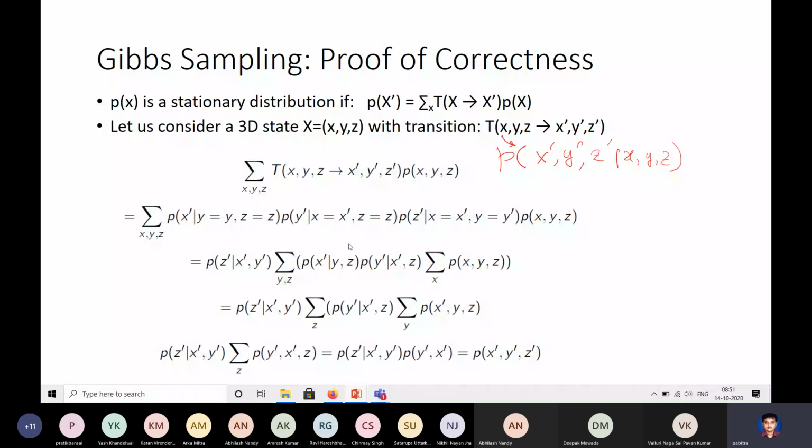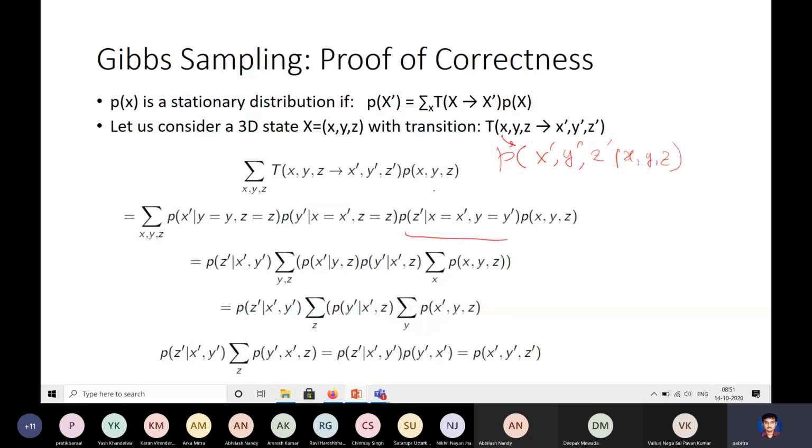Now let us see. This is a summation over x, y, z. And this term, z' given x', y', I am shortcutting by this terminology, z' given x', y'. This is independent of x, y, z, so I can bring it outside.